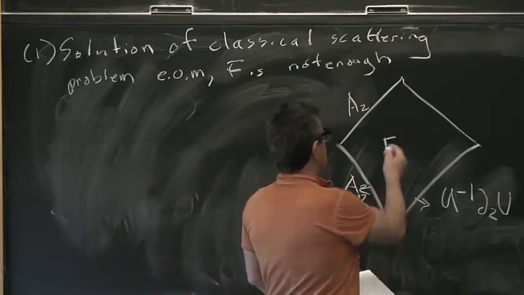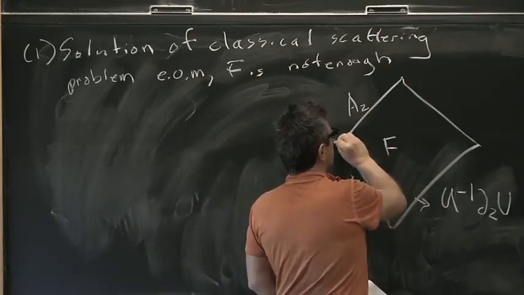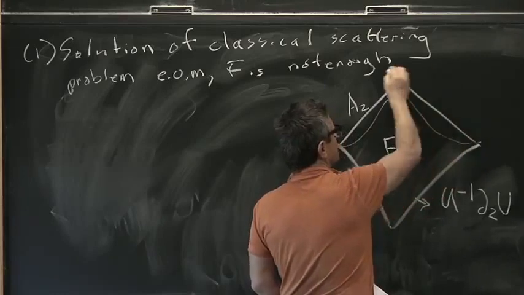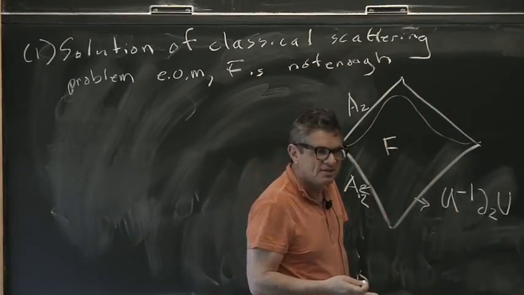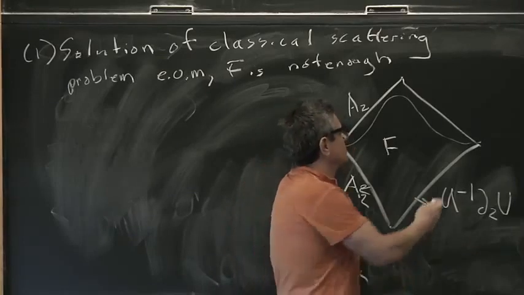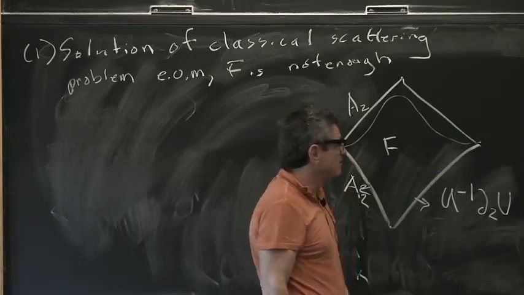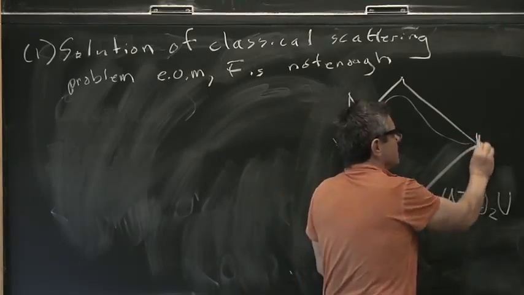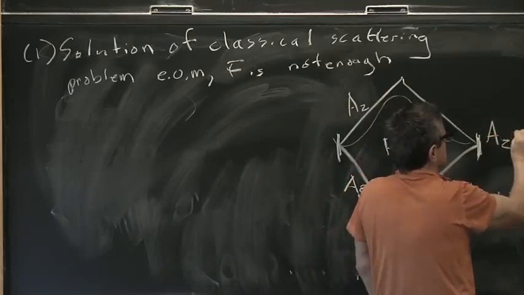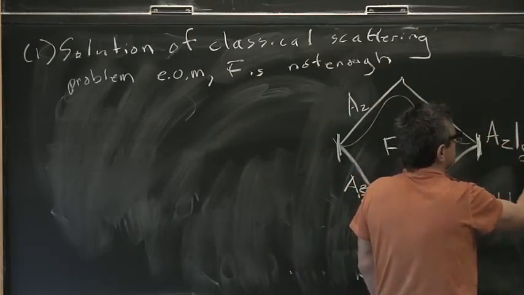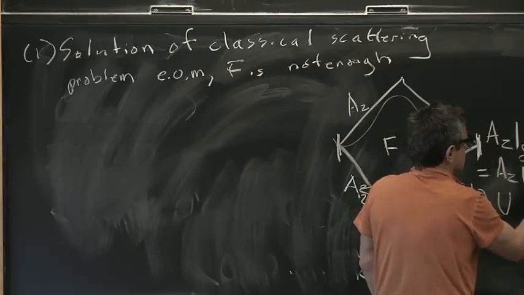So if we just had F, we wouldn't have a solution of the equation of motion, because given one F that solves it, we could do some gauge transformation up here, and we would have another F that solves it. So we have to supplement it with this boundary condition that A_z at scri plus minus is equal to A_z at scri minus plus.